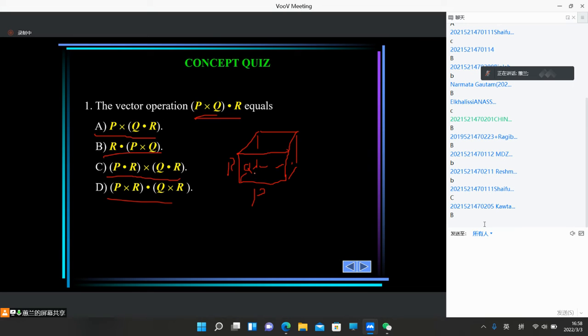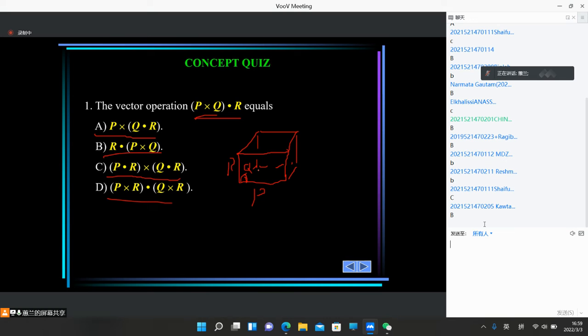You see, P cross Q has a magnitude equal to the area of the parallelogram, right? Because its magnitude equals P times Q times sine theta.